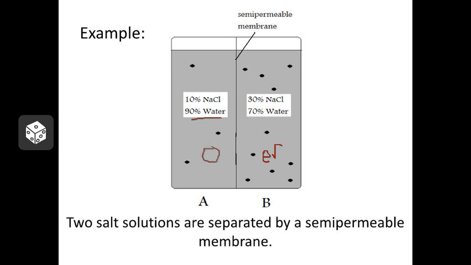Remember that water always likes to move from hypo towards hyper, so you could say that water will move from A towards B, from left to right, given the option. Now the salt will want to move in the opposite direction if it can, but it kind of depends on whether that solute is capable of crossing this semi-permeable membrane, and that depends on which kind of membrane you're dealing with.